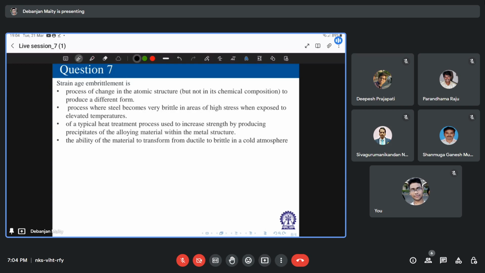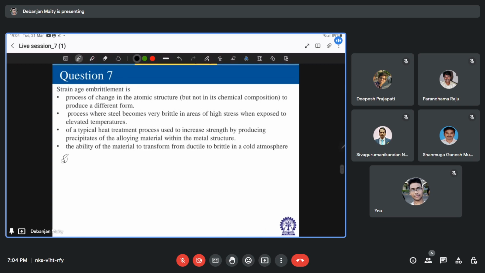Okay, so coming to the next question, this is some concept regarding strain age embrittlement. What happens during strain age embrittlement?